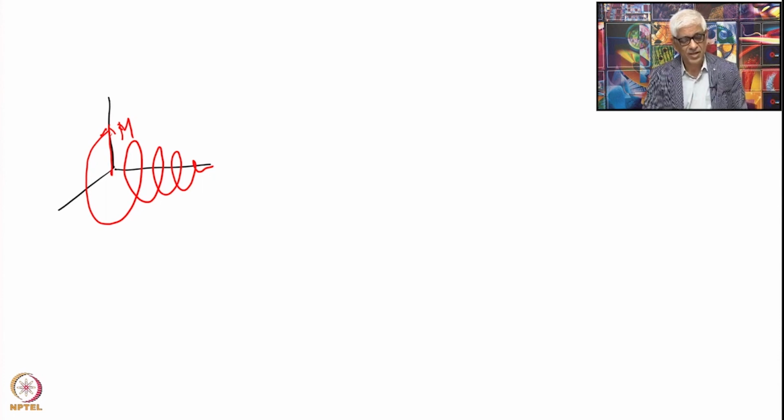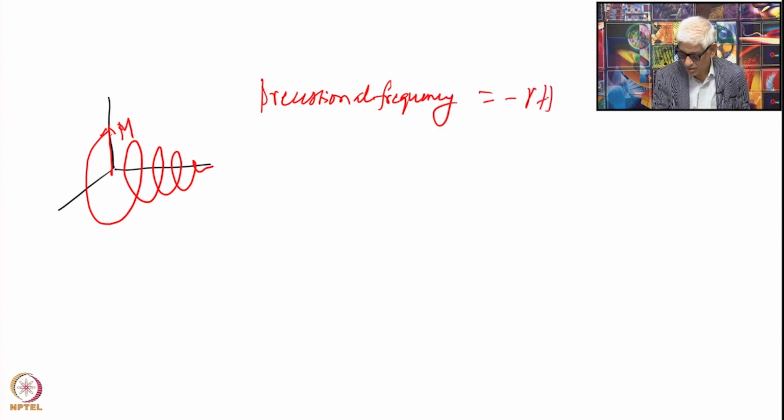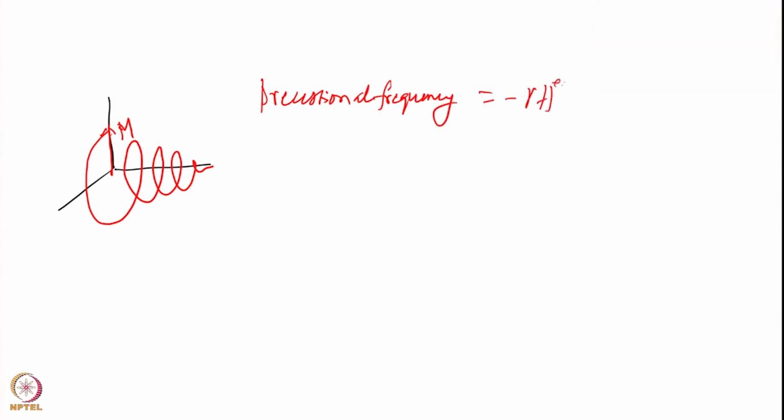Now, but we are not applying the RF for a very long time, we are applying the RF for a very small time. So when this is precessing like this, what is the precessional frequency? Precessional frequency is equal to minus gamma H effective, this is equal to minus gamma H1, because H1 is my effective field, okay.